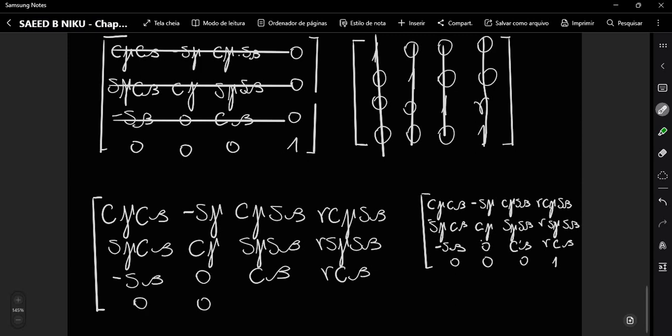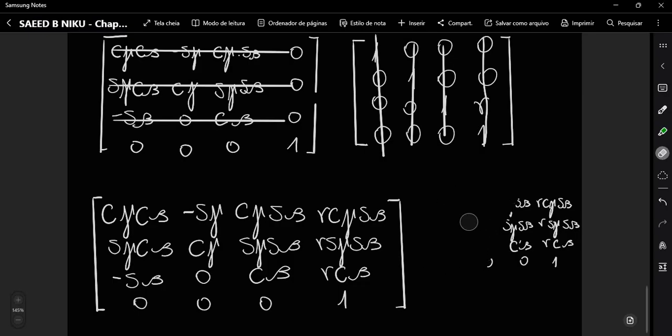Okay, hope I did not commit some mistake. And if I commit one, this is why we are using Octave. It's alright.